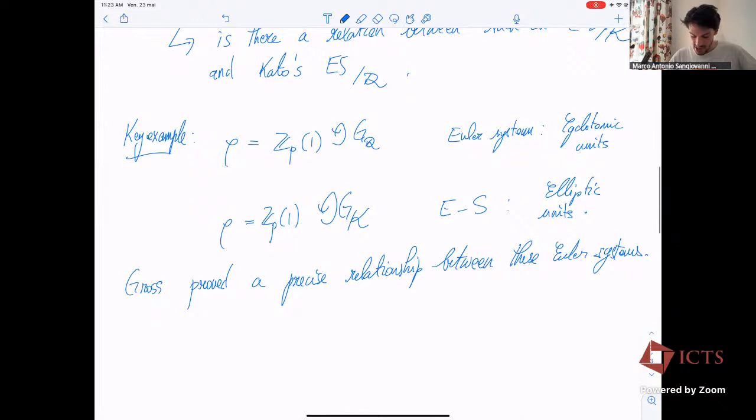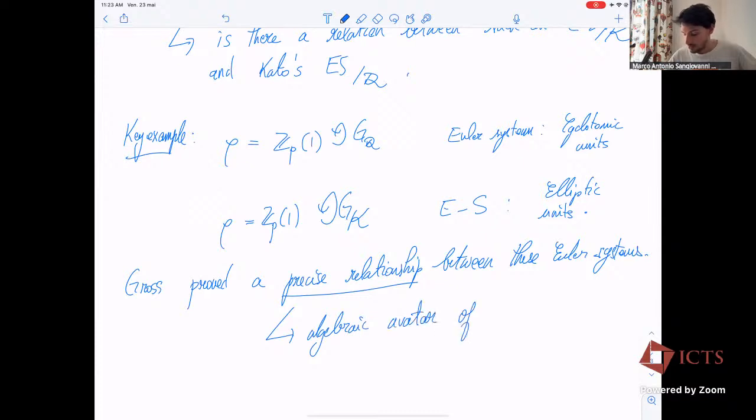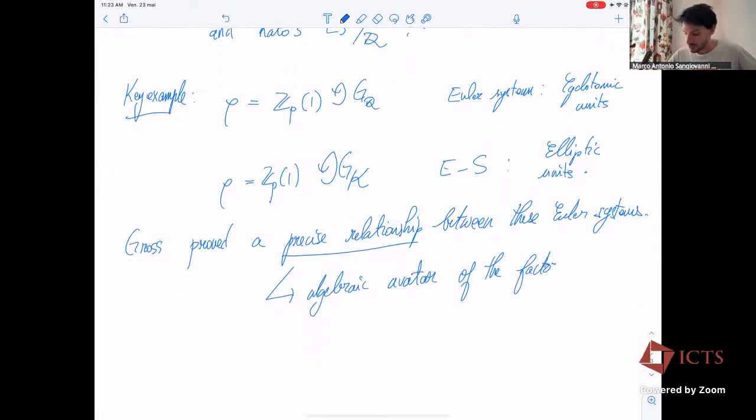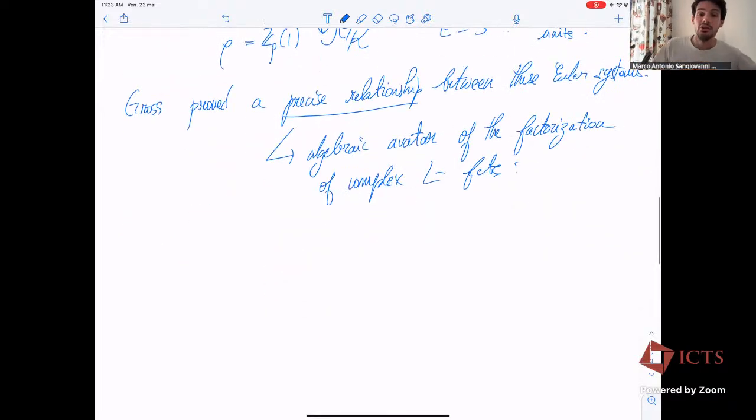Just let me say that this relation is an algebraic avatar of the factorization of complex L-functions, which is the following.